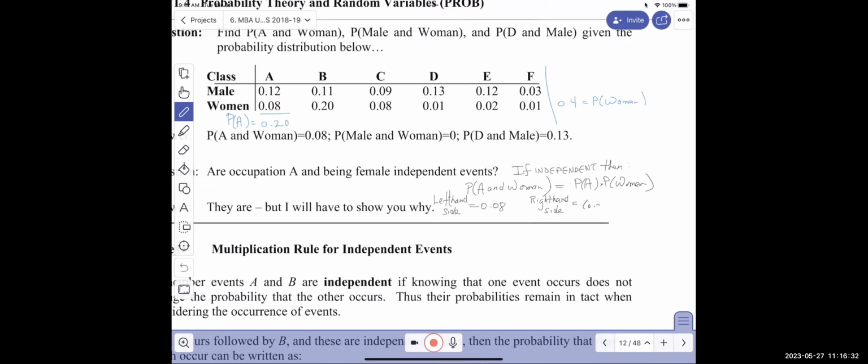This is 0.2, this is 0.4, which makes 0.08. Aha. So I assumed they were independent and wrote this statement, and now I found out that in fact they are equal. Since the left-hand side equals the right-hand side, yes, they are independent.